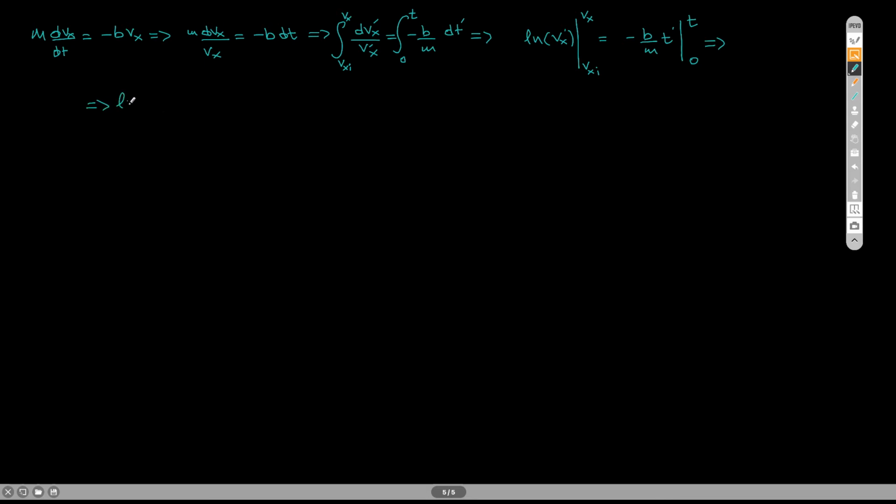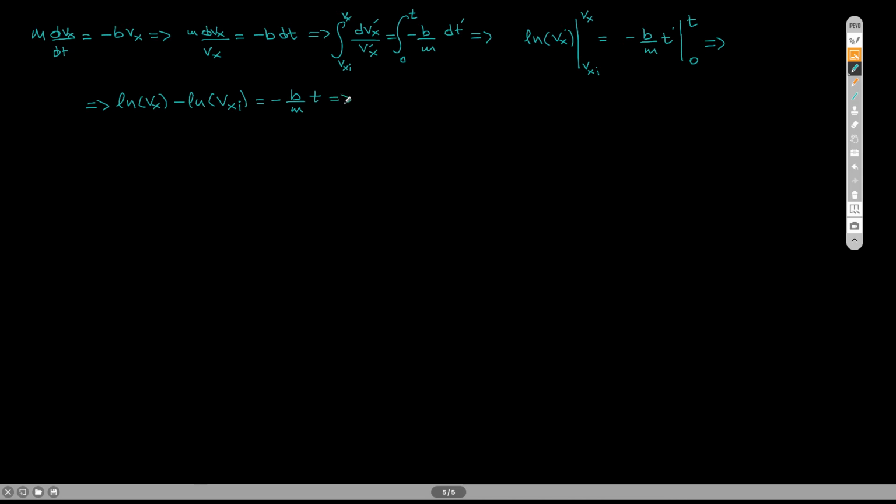And then I have ln of Vx minus ln of Vx initial. And the right side is just minus b over m t minus 0. I'm going to leave the 0 out.